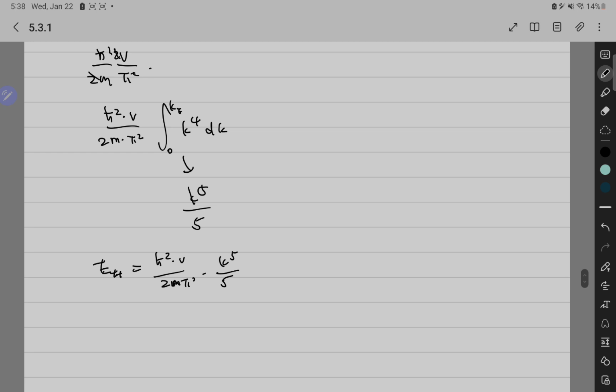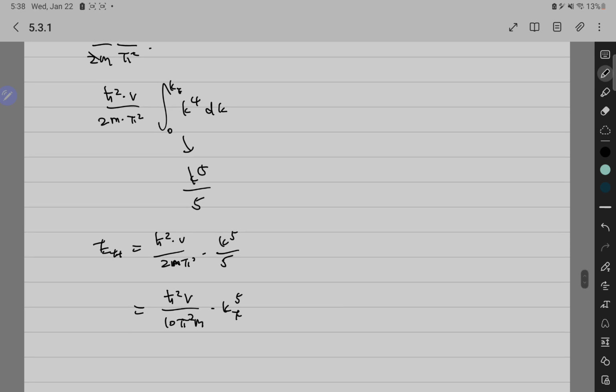Or this can be written the way the textbook writes it, which is h squared times V, volume, over 10 pi squared m times kF to the power 5. That is what you get for the total energy within the Fermi sphere.